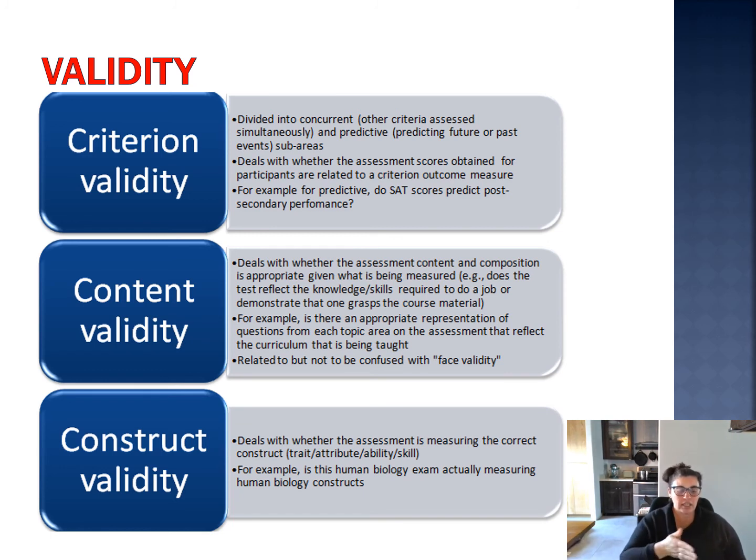So if you're assessing the small criteria sections of, say, the stock market, and then you're using that to make a predictive assessment of what's going to happen in the future, that would be criterion validity. So it deals with whether the assessment scores obtained for the participants are related to the criterion outcome measures. I'm going to show you, you have an analysis in SPSS that shows you exactly what this means.